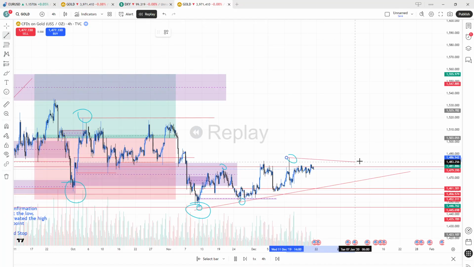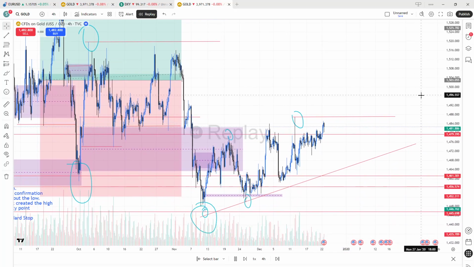So we'll see this break of structure right here, right? I don't know why price is so choppy. Yep, it did break. So we do see that there's a transition and gap up, bigger push, right?